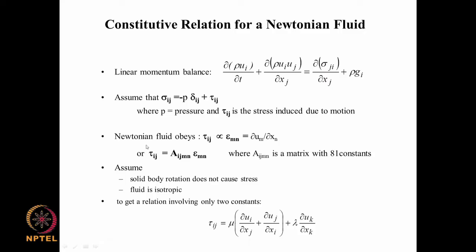In the general case, we have this linear relation having 81 constants, but if we assume solid body rotation does not cause any stress because there is no deformation, it is just rotation, just as pure translation does not produce any deformation rate, then this tensor becomes a symmetric tensor expressed in terms of the d_mn, and there are other arguments also giving rise to the same idea.